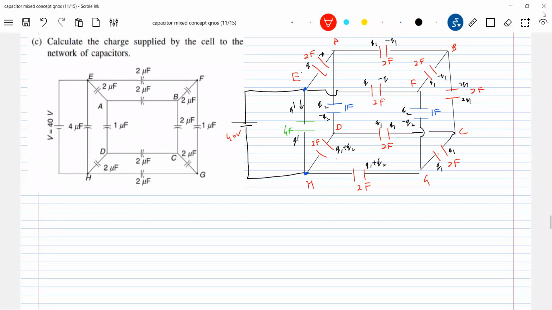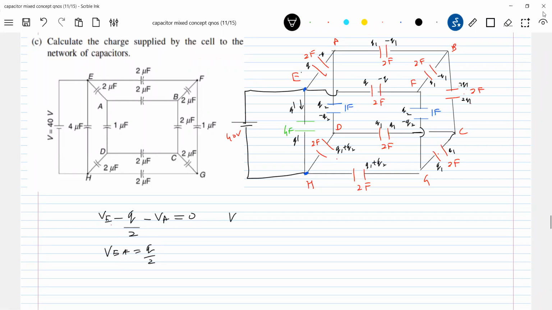So from this, VEA should be equal to VE. You should distribute charge, then we have to bring the idea. So here I'll write the loop equation, VE minus Q by 2 minus VA equal to 0. So VEA is equal to Q by 2.